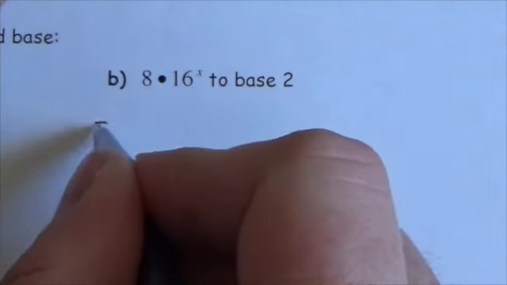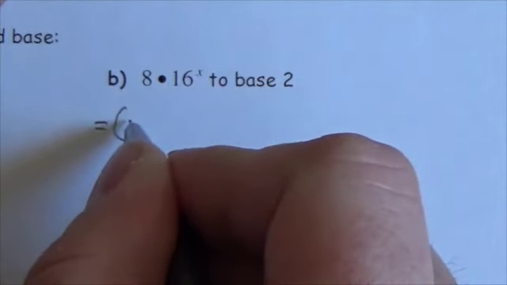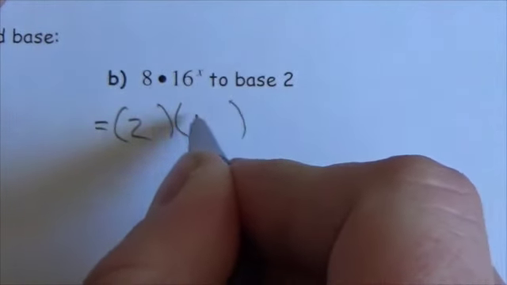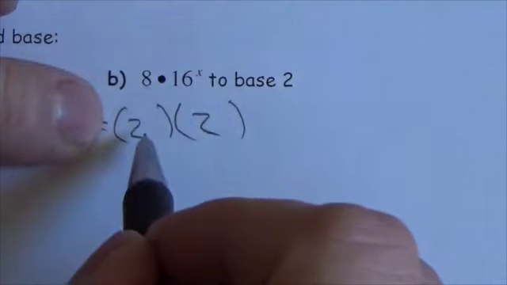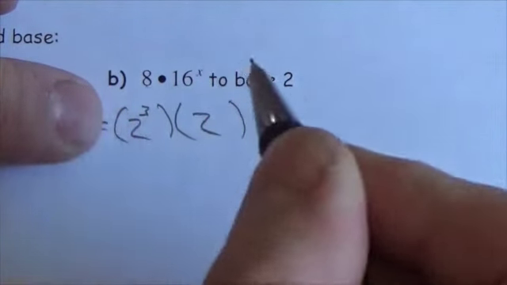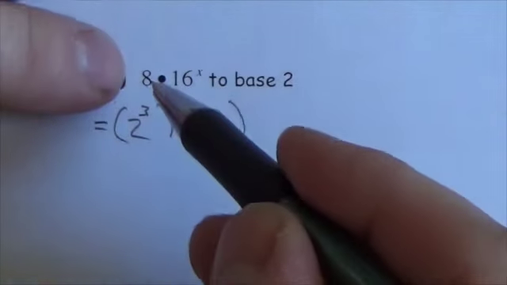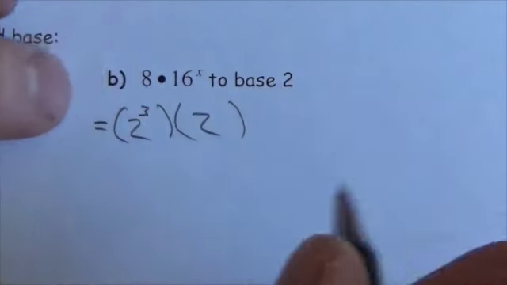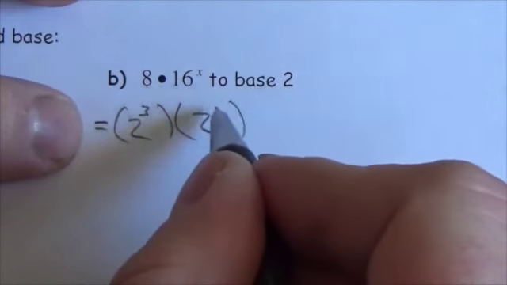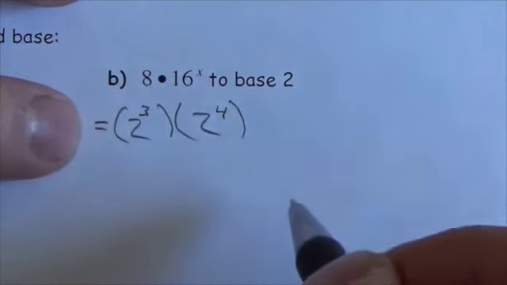That's okay. What we're going to do is rewrite both of these numbers as powers of 2. So 8 is going to be the same as 2 cubed. I haven't done anything, because 2 cubed is 8. And if 2 cubed is 8, 2 to the 4th is going to be 16.